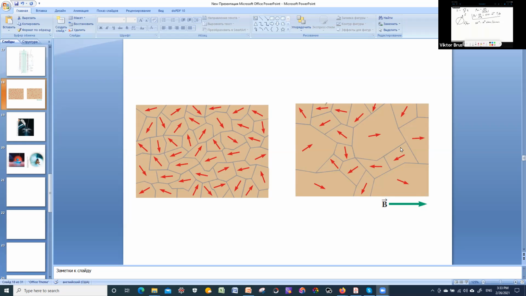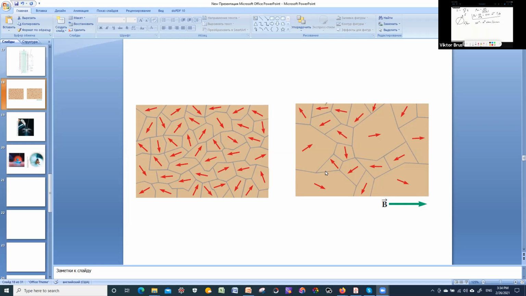So this material, because of much larger domains with stronger magnetic moments in the direction of the magnetic field, in comparison to small domains in the opposite direction, provides quite a strong magnetic field inside the material, which is stronger than the external magnetic field.